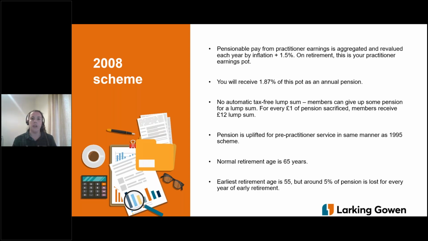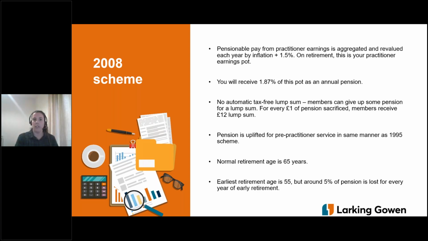So it's still a career earnings scheme. Your pay each year is combined, and there is a revaluation each year plus the 1.5%. So the calculation of the pot is no different. What is different is the benefits that that part of the scheme then attracts.